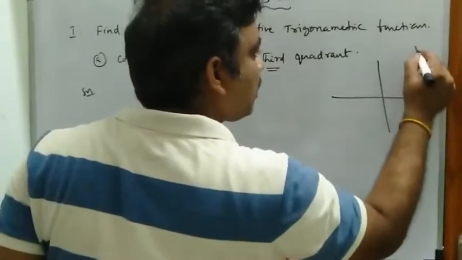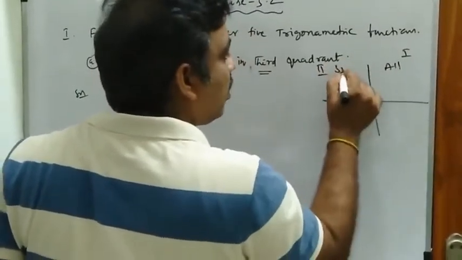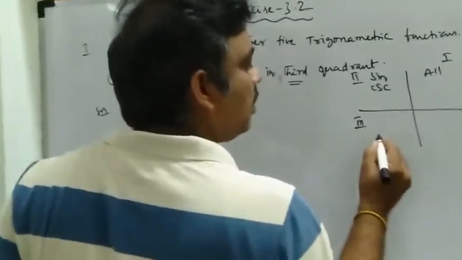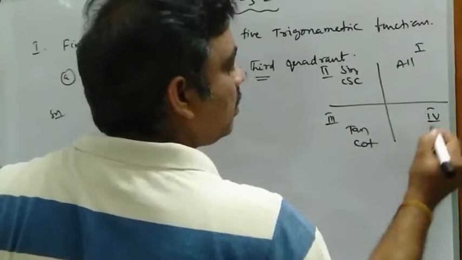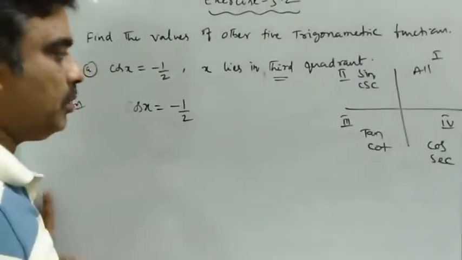So this is the first quadrant, here all are positive. In the second quadrant sin and cosecant are positive. In the third quadrant tan, cot are positive. In the fourth quadrant cos, secant functions are positive.